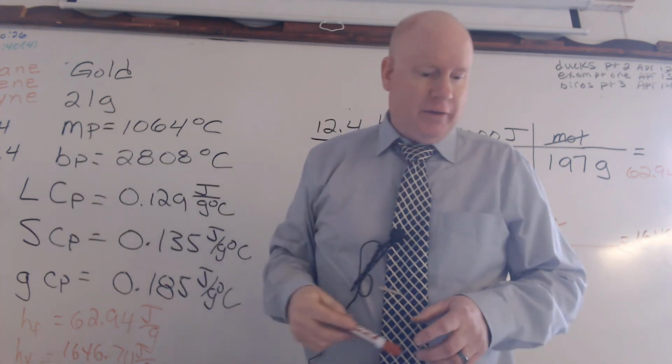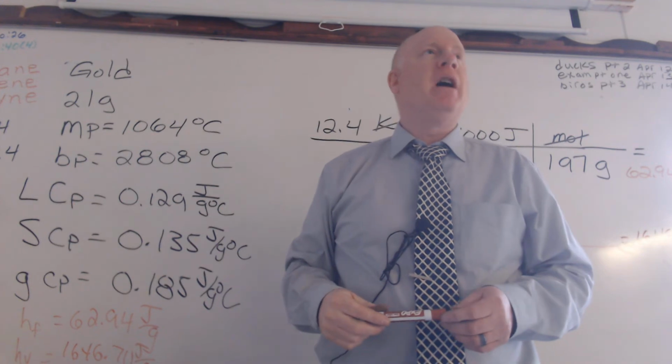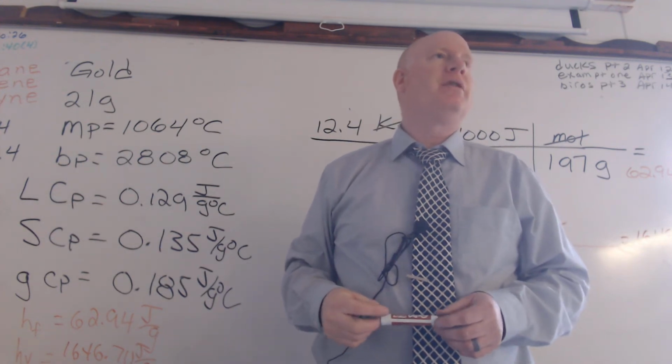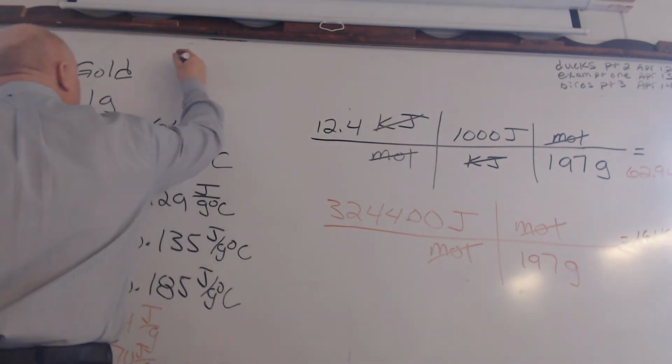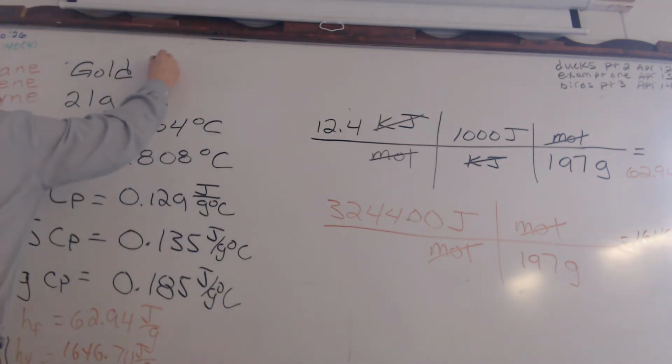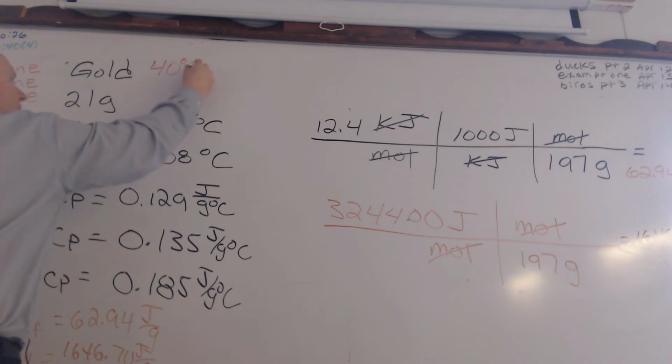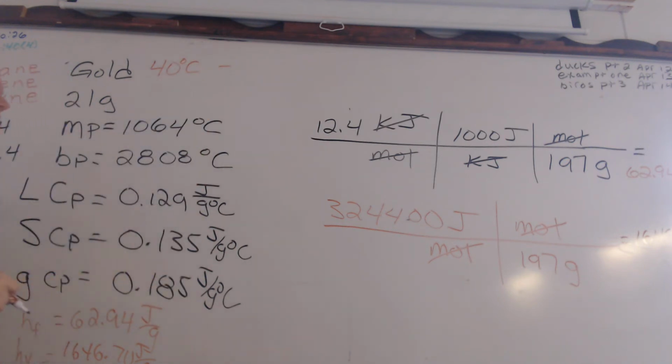That's probably somewhere around, we'll just say 40 degrees Fahrenheit, or excuse me, Celsius. So we need to change this from 40 degrees centigrade, okay? Because it has to be below your melting point, and if we're going to vaporize it, it has to be above your boiling point. So how high are we going to raise this temperature? 3,000? Just 3,000 only? Okay?